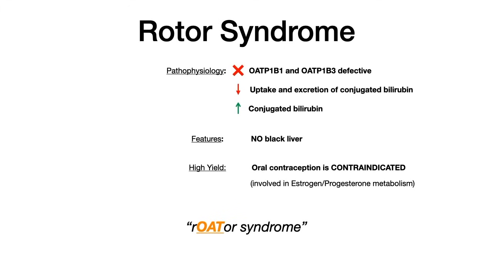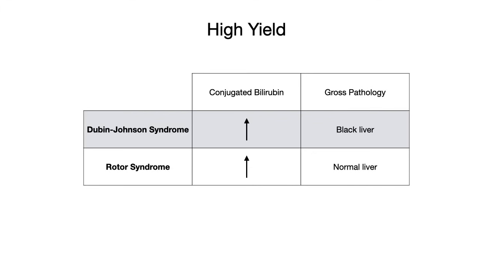And that reminds me of OAT for OATP1B1 and OATP1B3. That's Rotor syndrome. So again, very high yield. Dubin-Johnson and Rotor syndrome both cause increased levels of conjugated bilirubin, but only Dubin-Johnson syndrome has the black liver. Test writers go after this all the time. You have to memorize this.